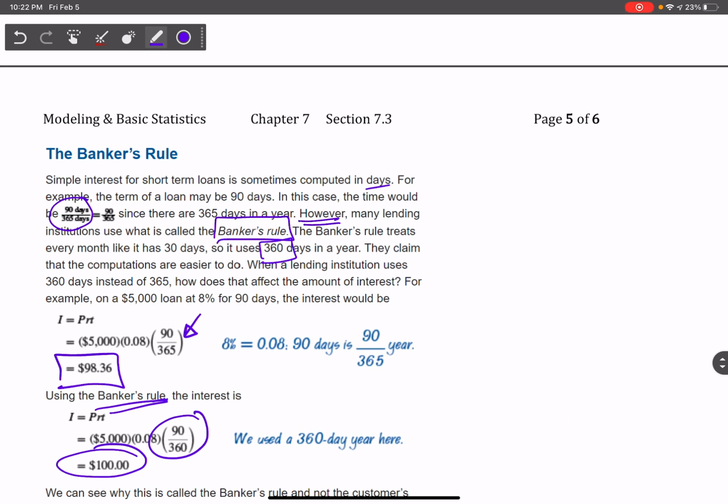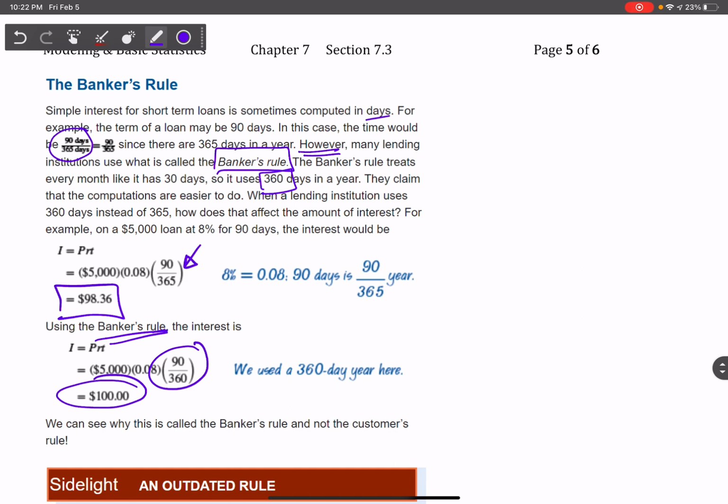Therefore, they are earning $100 instead of $98.36. Okay, you may say, oh, it's just a couple dollars. Yeah, imagine getting that couple dollars from a couple thousand of people. So they are manipulating it to earn more money. We can see why this is called the banker's rule and not the customer's rule, because we get the short end of the stick.